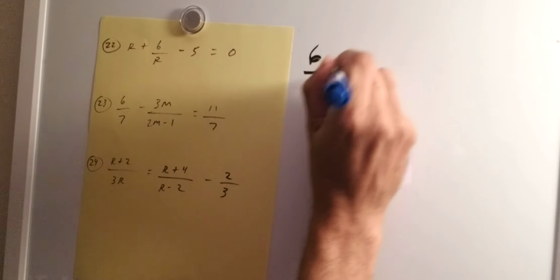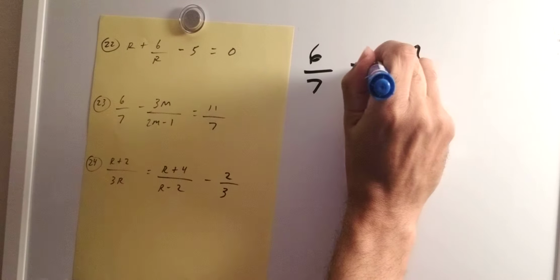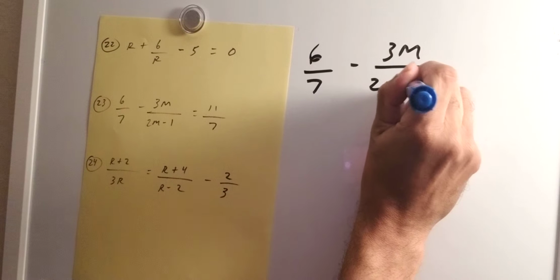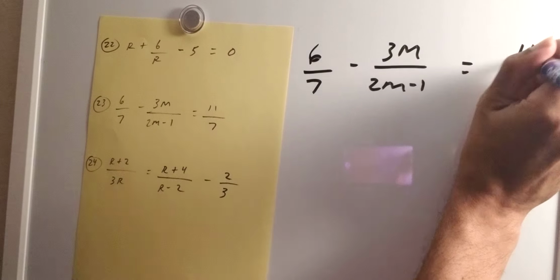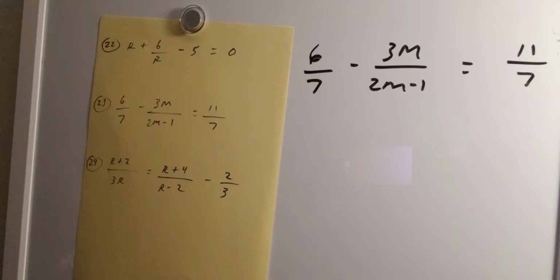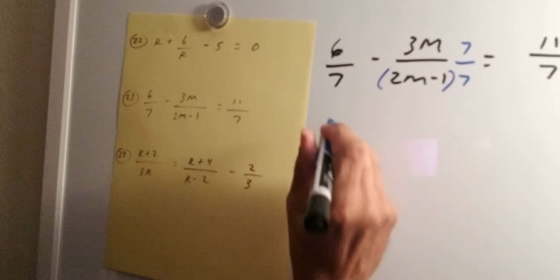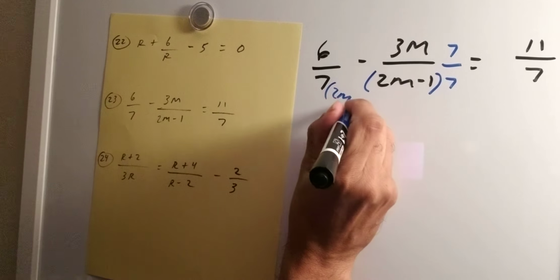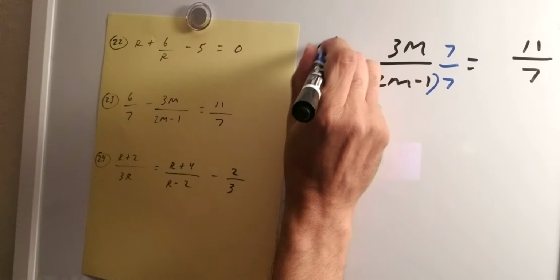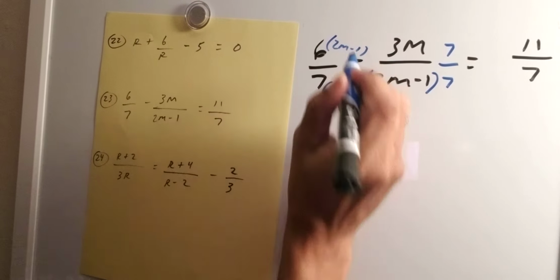Six divided by 7 minus 3m divided by 2m minus 1 equals 11 over 7. Rational equation. Subtraction. We need common denominators. This one will only need 7. This one will need the 2m minus 1.